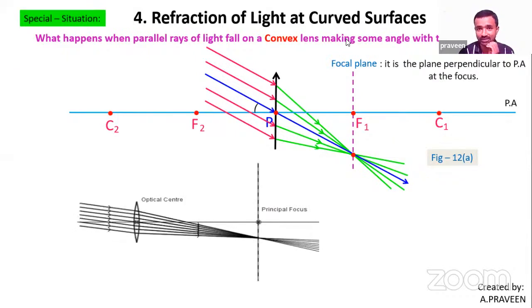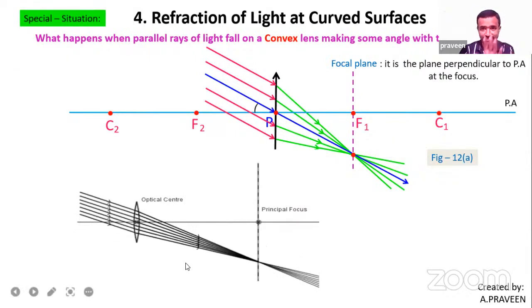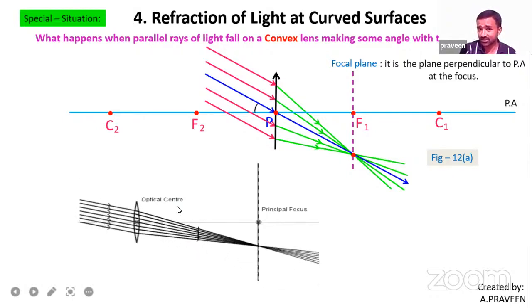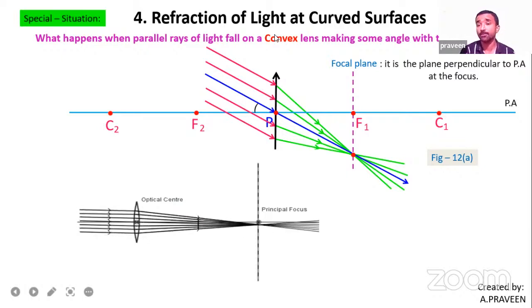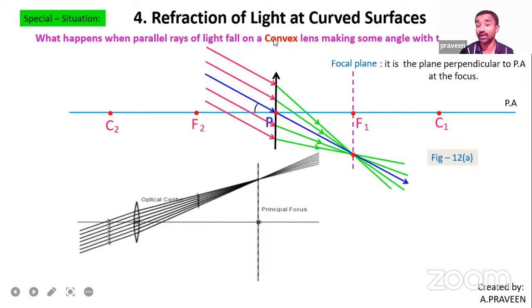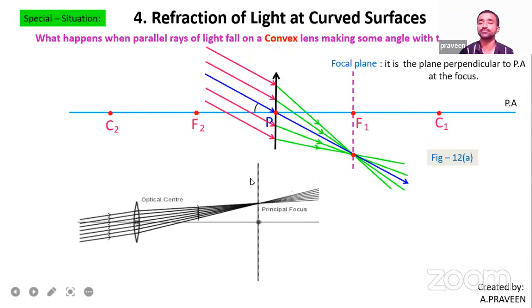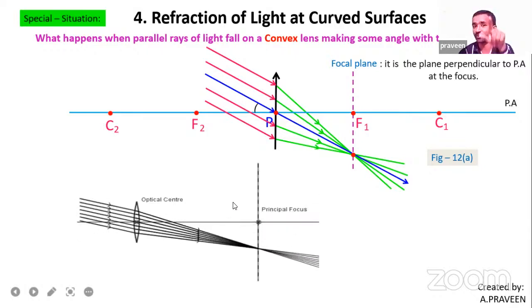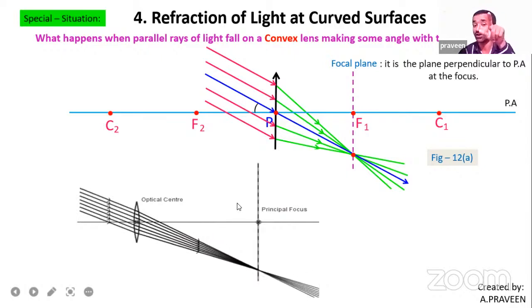See here, all the light rays are going to converge at a point on the focal plane. The line which is perpendicular to the principal axis is called the focal plane.